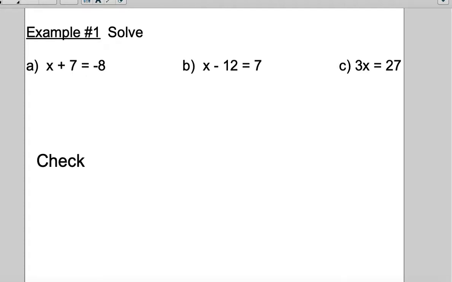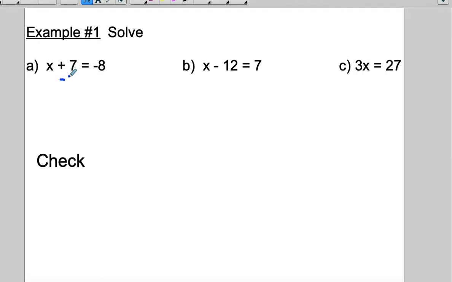So the first example is we're going to solve for x here. We have x plus 7 equals -8. I'll show you a couple ways to do this question, and then you can choose whatever way you feel most comfortable with. What we want to do is get this x alone. We see here that 7 is being added to x, so we actually want this side to be 0.